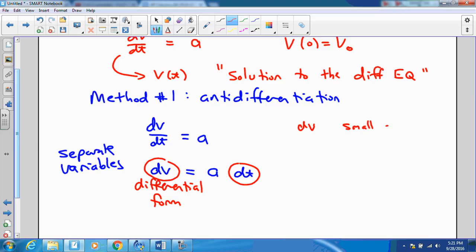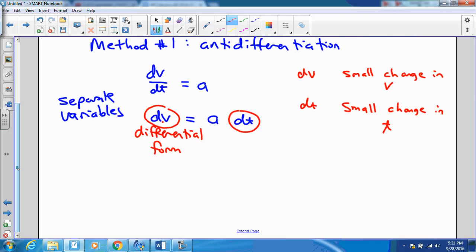So dv represents a small change in velocity, and dt represents a small change in time. And what this equation is saying is that a small change in velocity will always be equal to the acceleration times the small change in time.